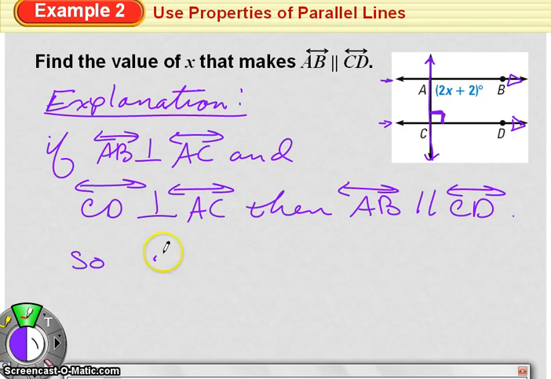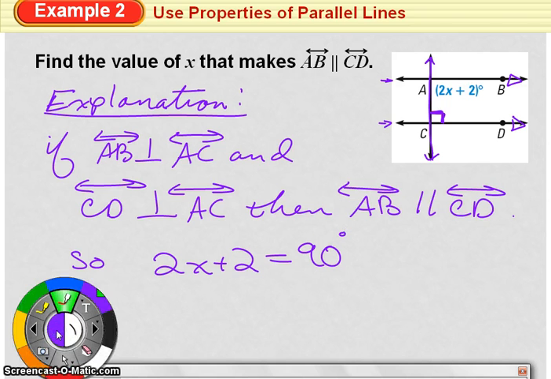So 2x plus 2 would have to equal 90 degrees. Now we can solve for x. So all of this was really my thought process above, and now I can solve. But if it did say explain, this would be the way that you would explain right here. Okay.